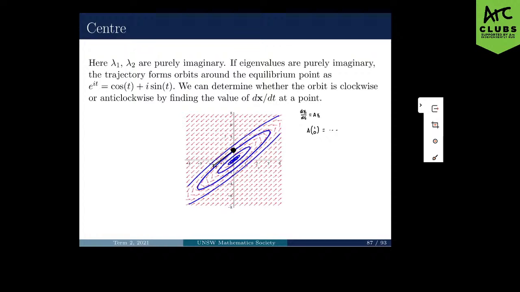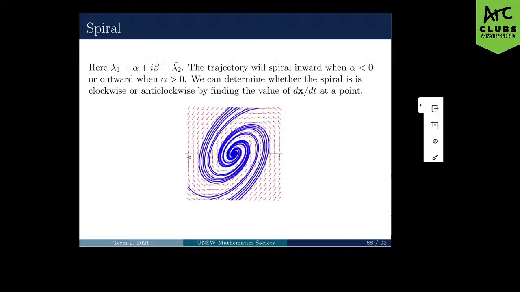So you'll know that the orbit goes in an anti-clockwise direction. I hope my clockwise and anti-clockwise directions are correct. But yeah, in this case, the orbit is anti-clockwise. So that's a case where lambda 1 and lambda 2, the eigenvalues, are purely imaginary.